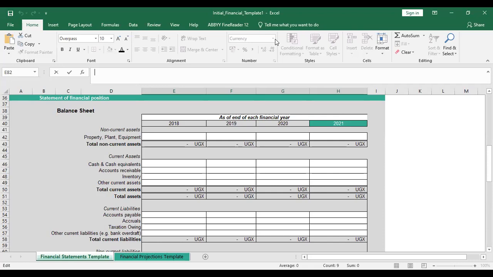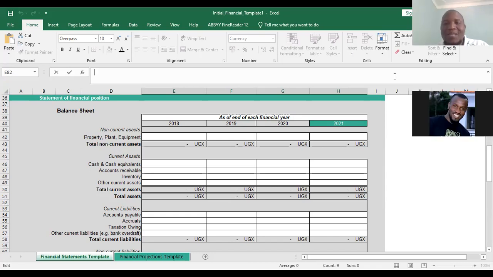Any questions? Any questions, please? You can type in the chat. You know, accounting sometimes is a bit, some people look at it like mathematics.